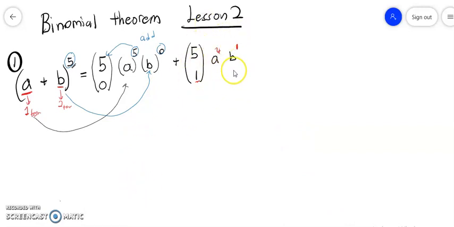Let me continue. Here will be 5, 2, and obviously B is to the power of 2, must be the same. The power of A should be 5 minus 2, which is 3.